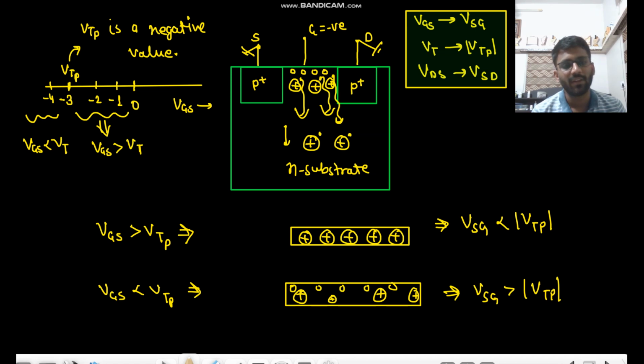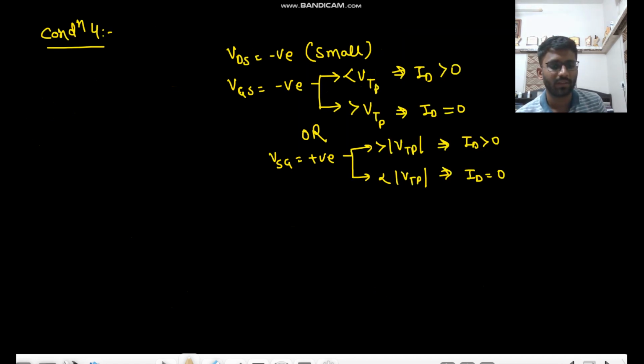If VDS goes more negative, that means VDS decreases or VSD increases, then we will have more current. And at a certain value of VSD or VDS, the current saturates. If we further decrease the VDS value, or further increase the VSD value, the current will be saturated. That's it.